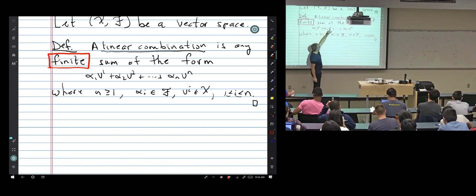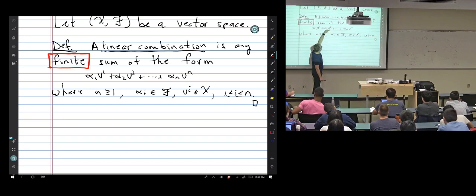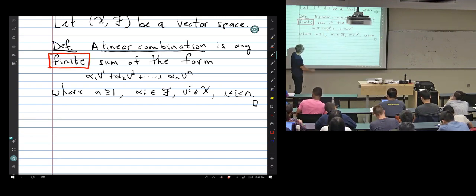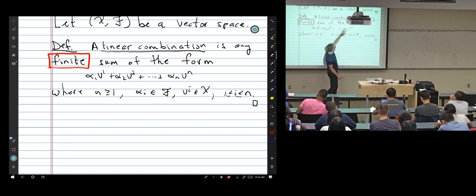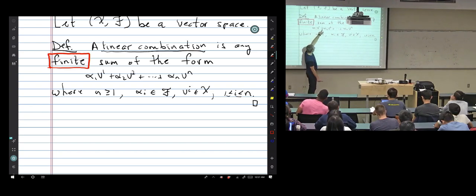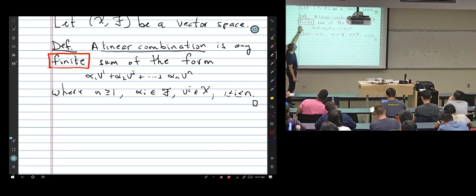Okay, this does not mean v squared, okay? I will usually use the subscripts for if this is a real vector and it has components v sub 1, v sub 2, v sub 3, v sub 4. So this is not like x1, x squared, x to power n, okay? Those are just elements of x. The superscripts are not powers, okay? So this is linear. There's no cosines or squares or anything. But the key thing is finite here.